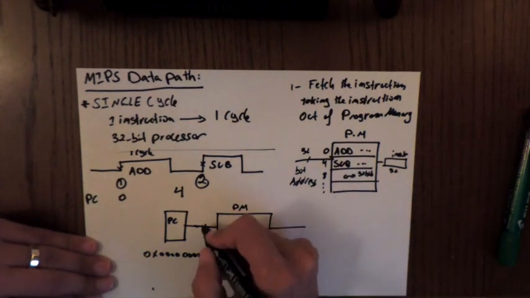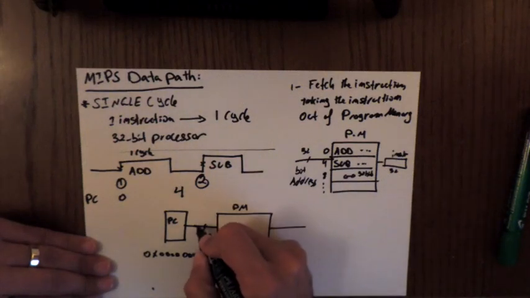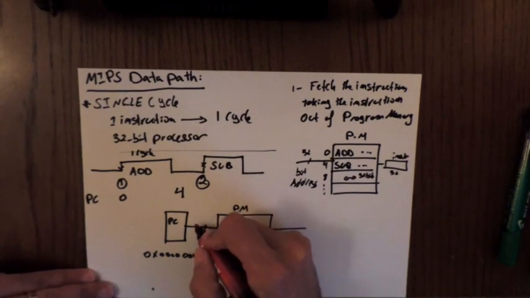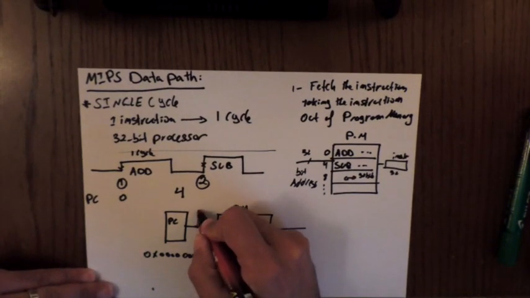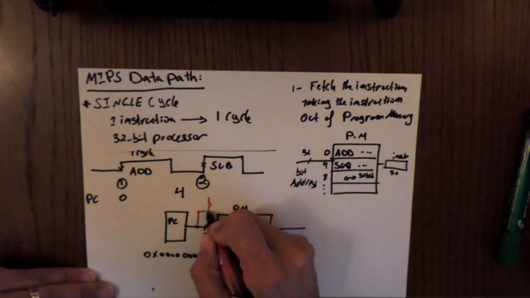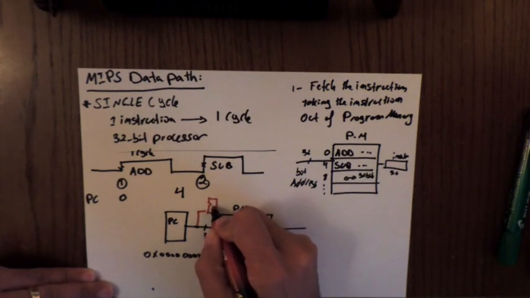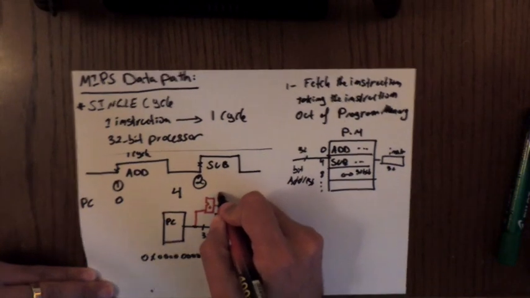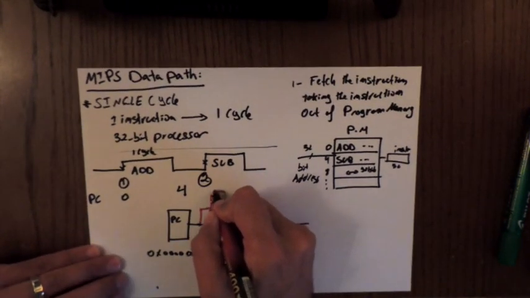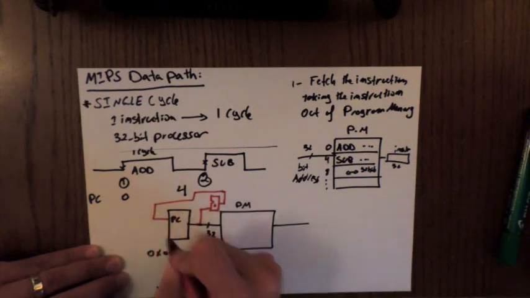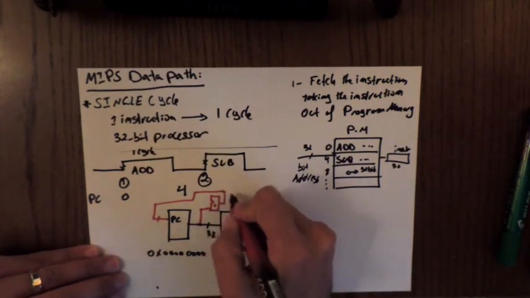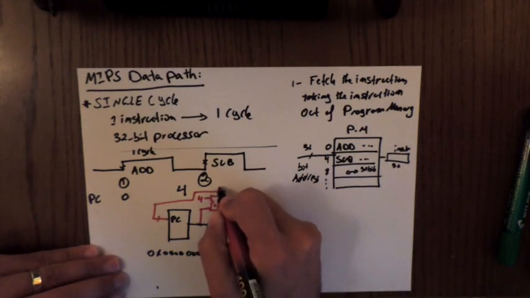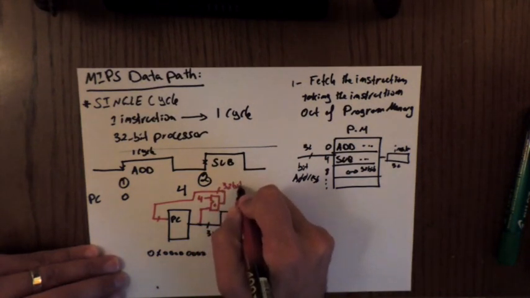So the way we do it is, I'm going to do it in a different color, we will have something like an adder that adds 4 to the PC and stores it back. Okay, so this is 4. Remember, this is all 32 bits.